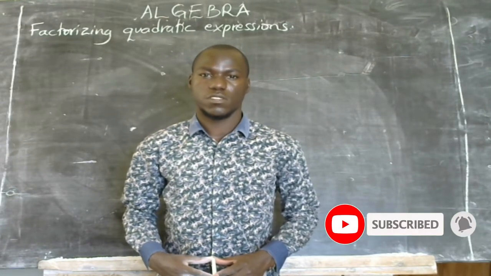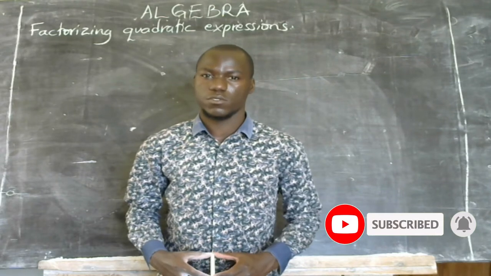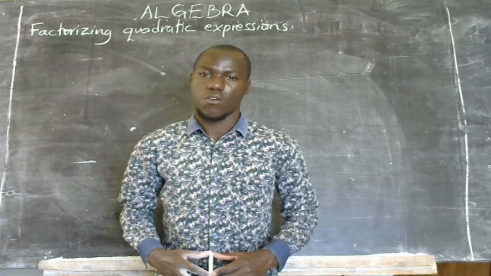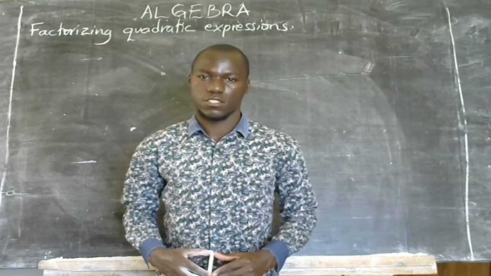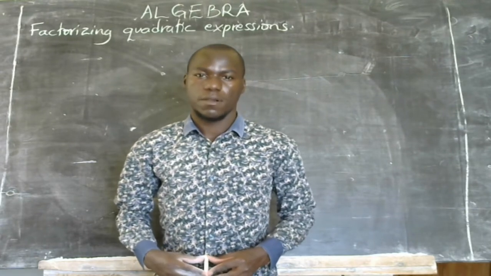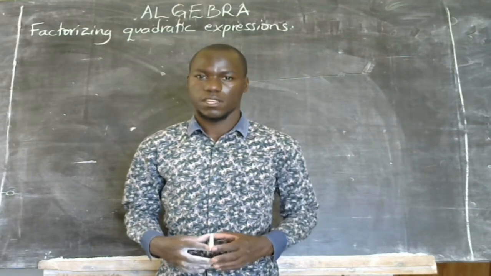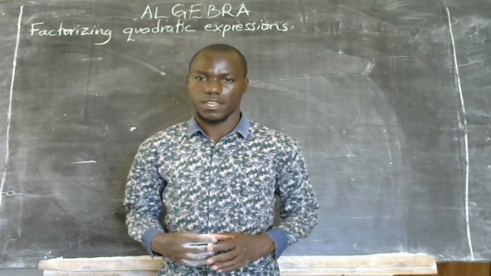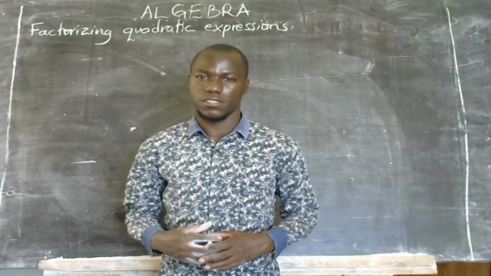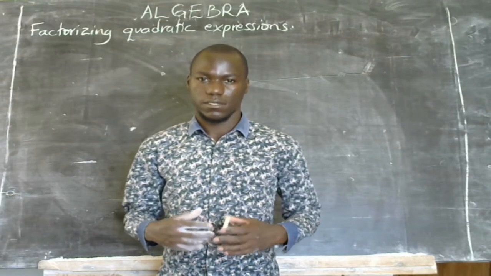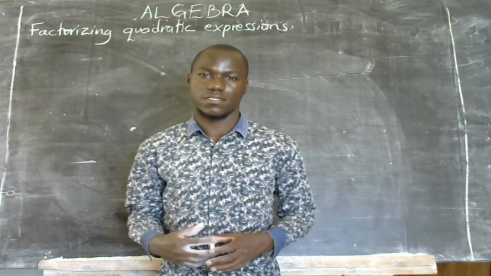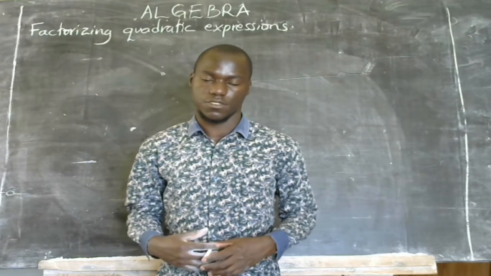In our lesson today of algebra, we are going to talk about the factorization of quadratic expressions. Remember, when we were talking about expansion, we expanded two brackets, and then later on we said that expansion was a quadratic expression.